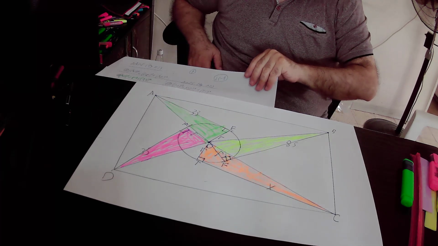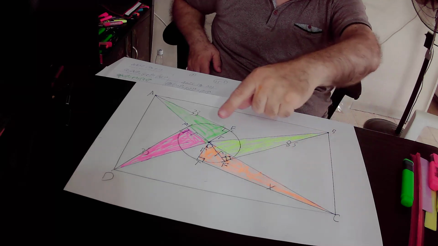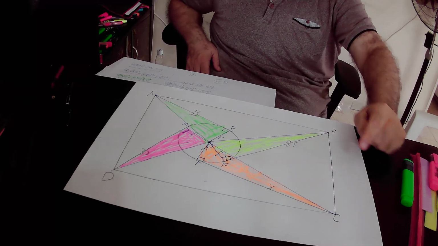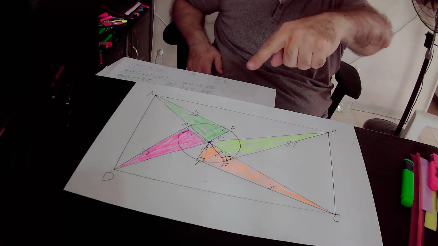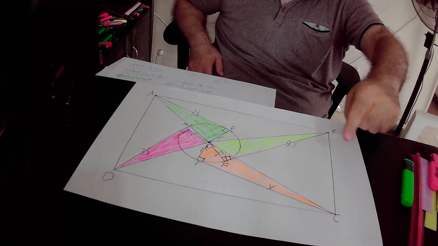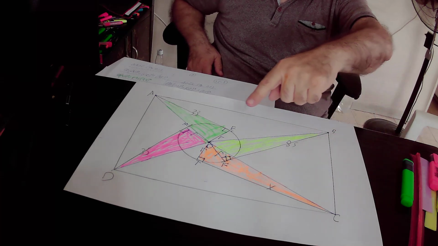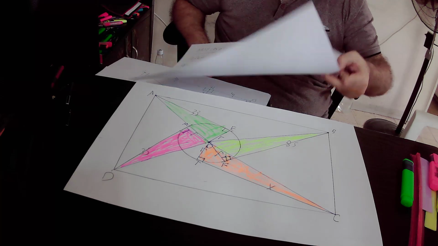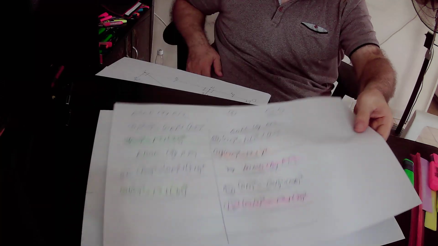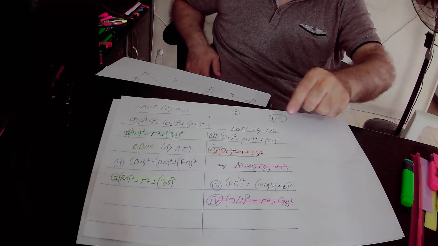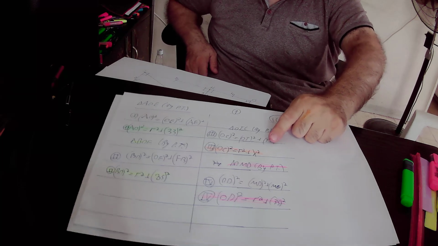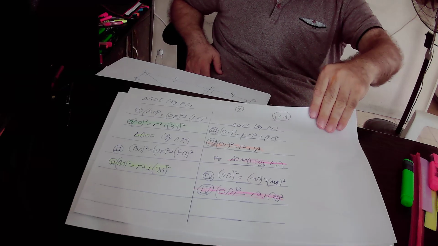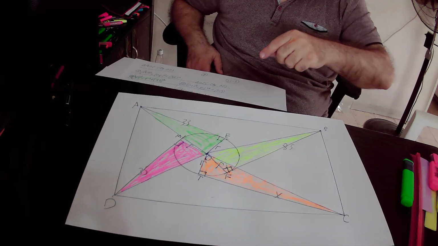Then we joined points C and O together by a straight line. In this way, we created the right orange triangle OTC. In the orange triangle OCT, according to the Pythagoras theorem, OC square equals OT square plus TC square.